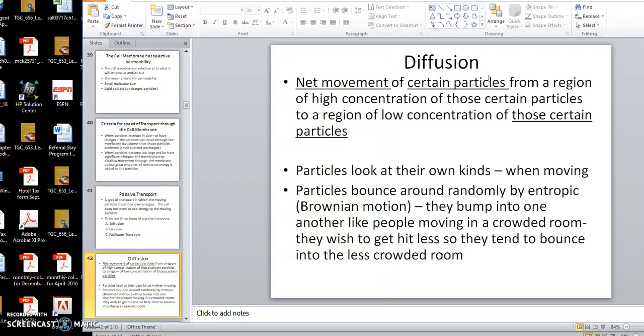In most textbooks you'll see net movement of particles from a region of high concentration to a region of low concentration. But actually that's not true, because you don't add up all the particles. You actually have to look at the individual kinds. Now let me explain net. What does net mean in math?